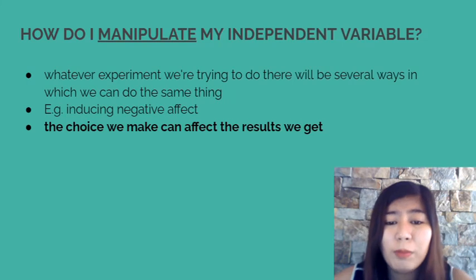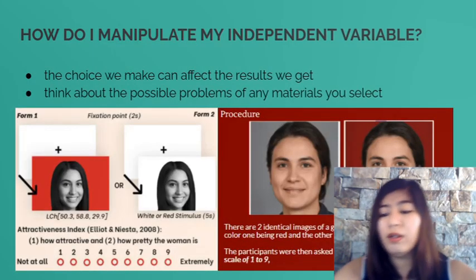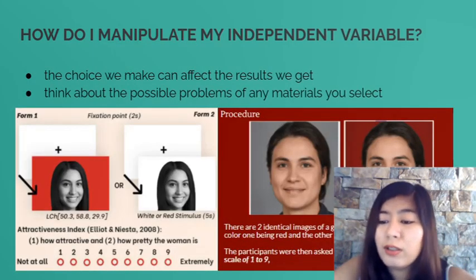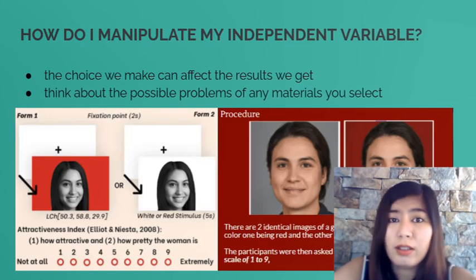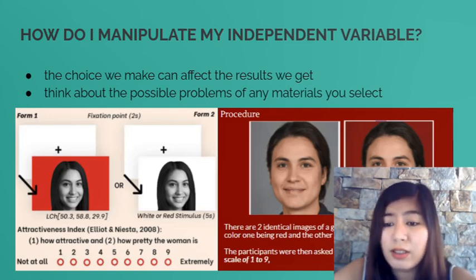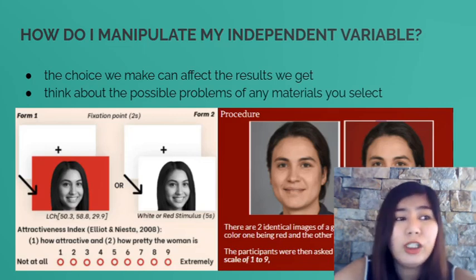So I'm giving you a particular example of the exercise, or the replicated experiments of my past students. This is from Elliott, 2008, wherein they changed the background of the portrait, a female's portrait.